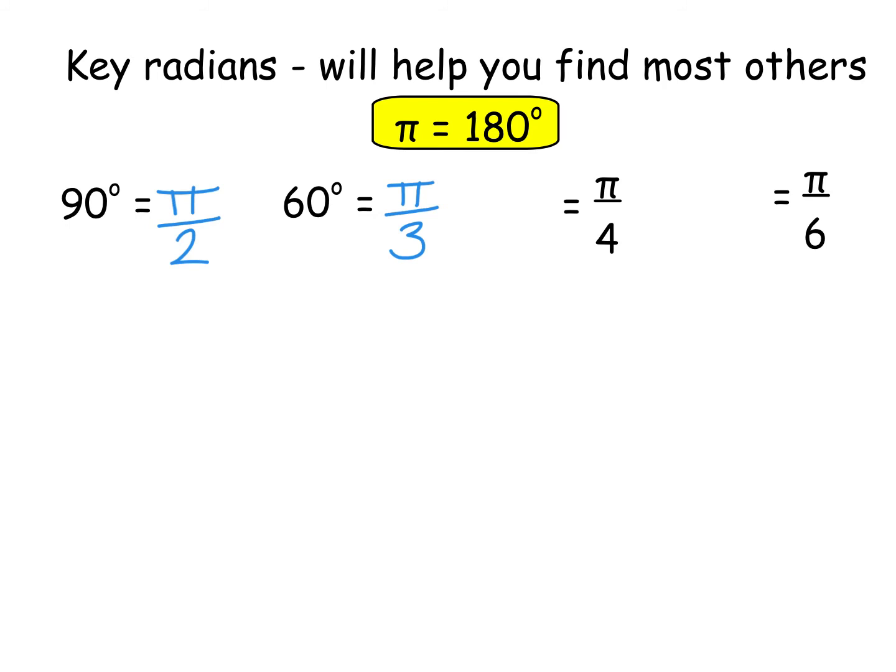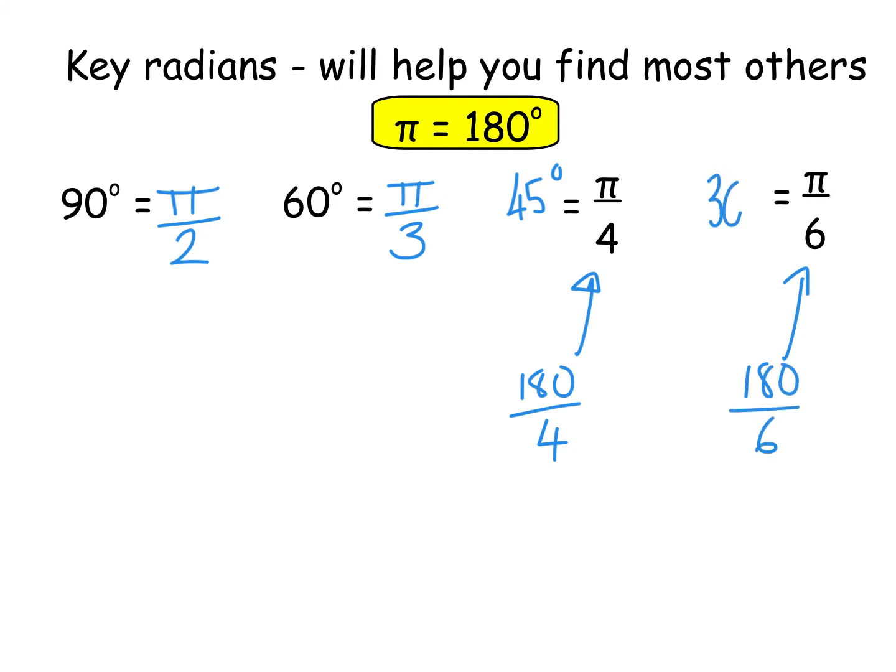And in reverse, I've now given you in radians and I want it back into degrees. So to get this one, the pi over 4, really I'm asking you to do 180 divided by 4, which, simplest way is half it and half again, but it's 45 degrees. And then this one here is 180 divided by 6, which is 30 degrees.